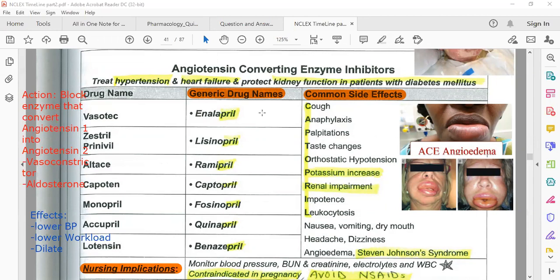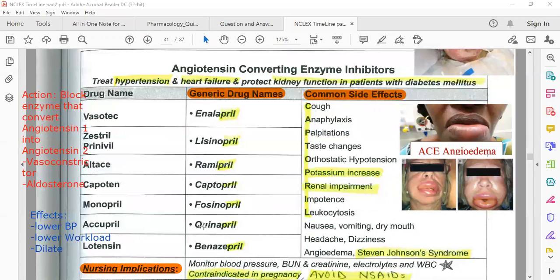So first of all, let me read the drug names. In this group, we use enalapril, lisinopril, ramipril, captopril, fosinopril, also benazepril.